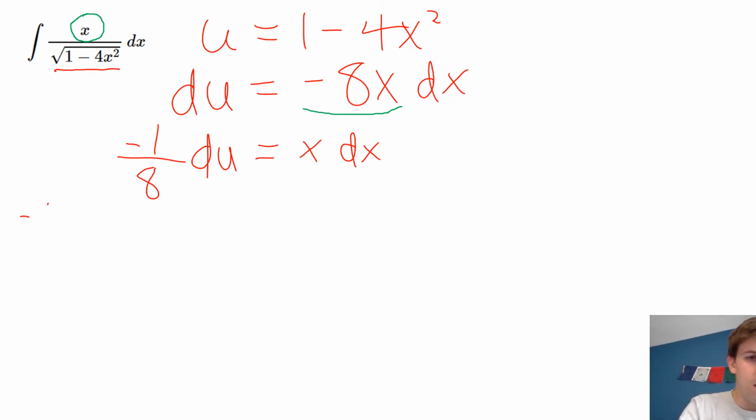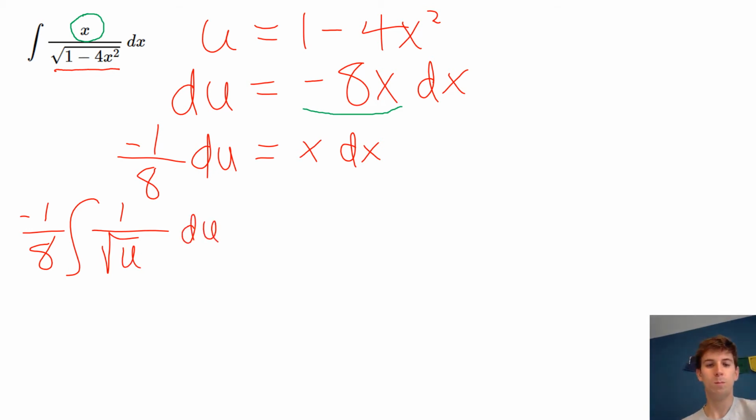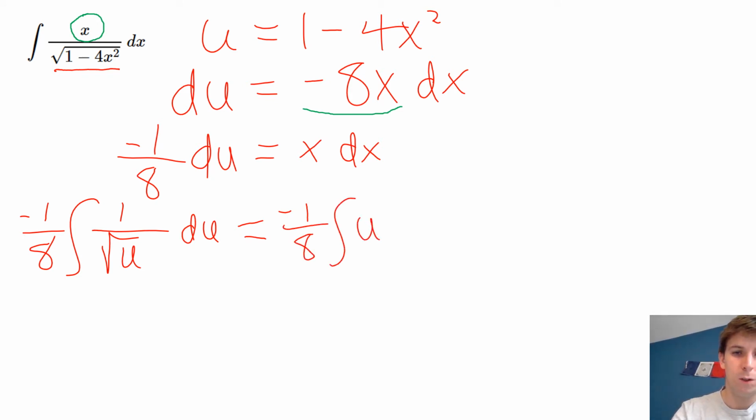I'll have negative 1/8 the integral of 1 over the square root of u du. Very similar to that last problem, I just need to write this as a fractional exponent and get it out of the denominator. So it would be negative 1/8 times the integral of u to the negative 1/2 power.